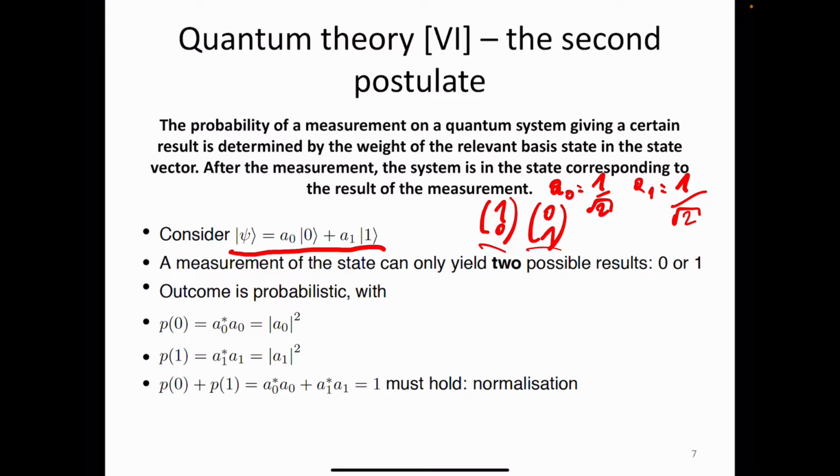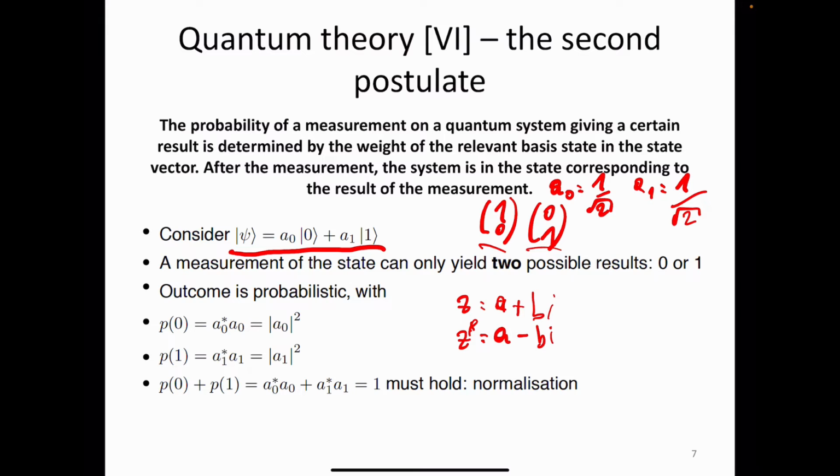If we talk about complex numbers, and say we have a complex number z, with a real part a plus bi, then the complex conjugate z star equals a minus bi. So it means that we just switch the sign of the imaginary part. That's what happens here. If we multiply that out, then we get the probability, the probability amplitude squared. That's what we mean when we say square the probability amplitude.